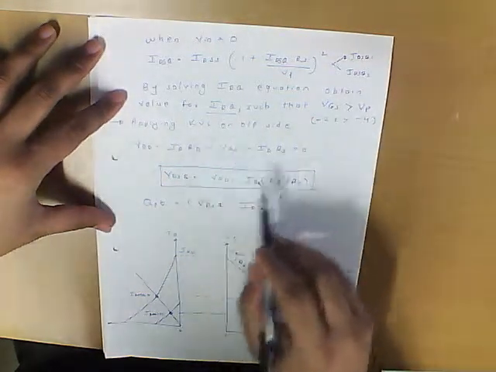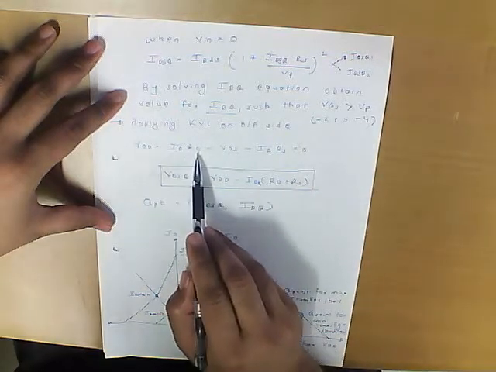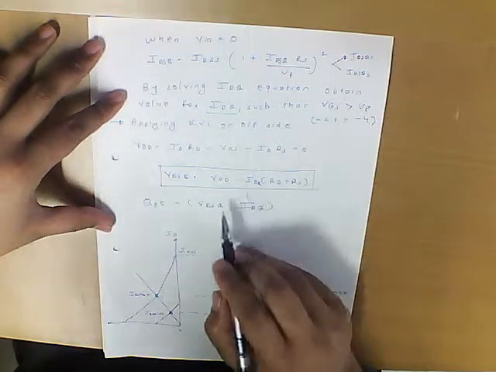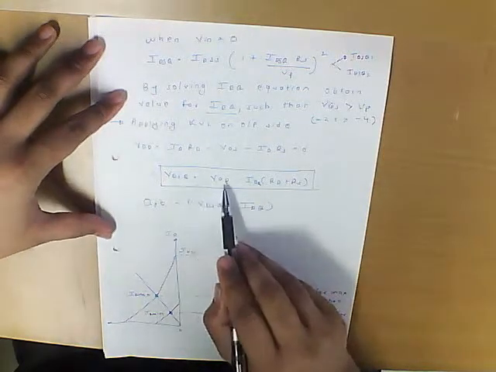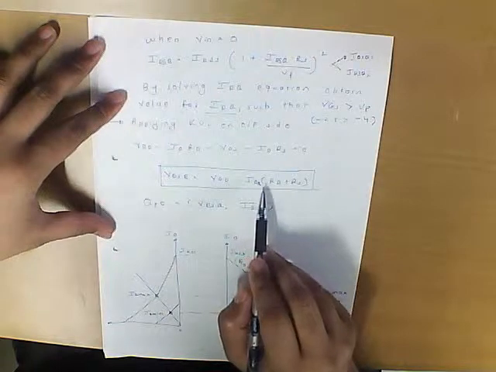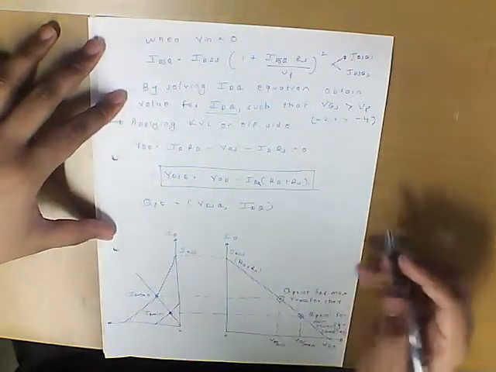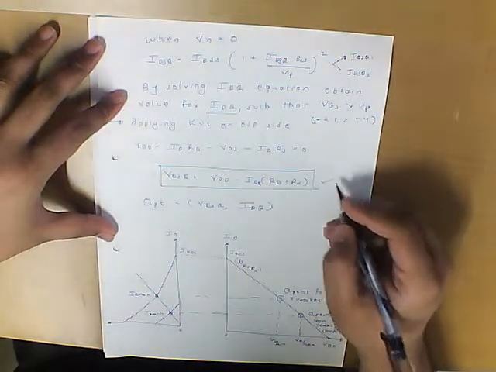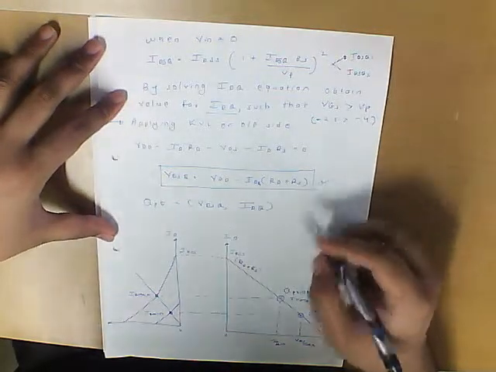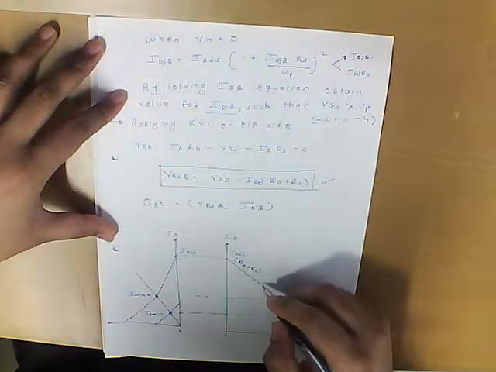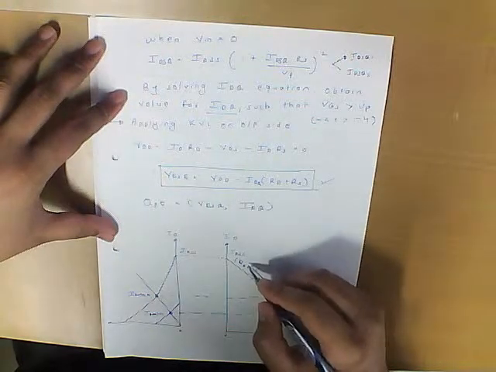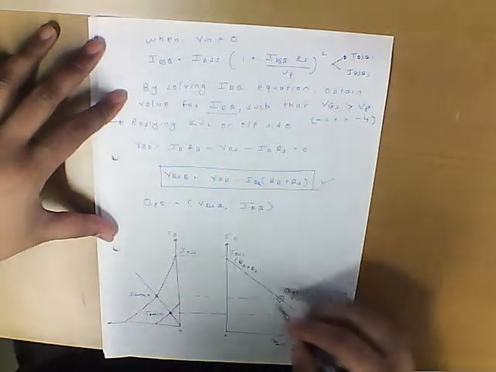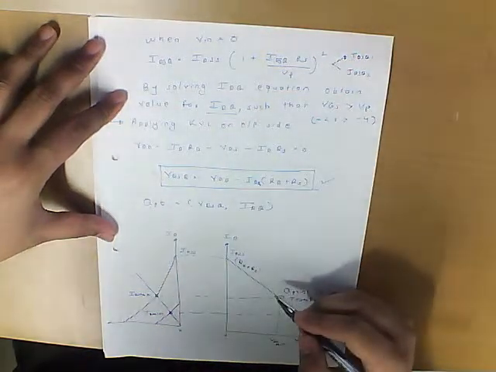Now applying KVL on the output side, we have VDD minus ID RD minus VDS minus ID into RS equal to 0. That leaves us with VDSQ is equal to VDD minus IDSQ into RD plus RS. From this equation it can be seen that the slope of the DC load line will now depend upon RD plus RS.